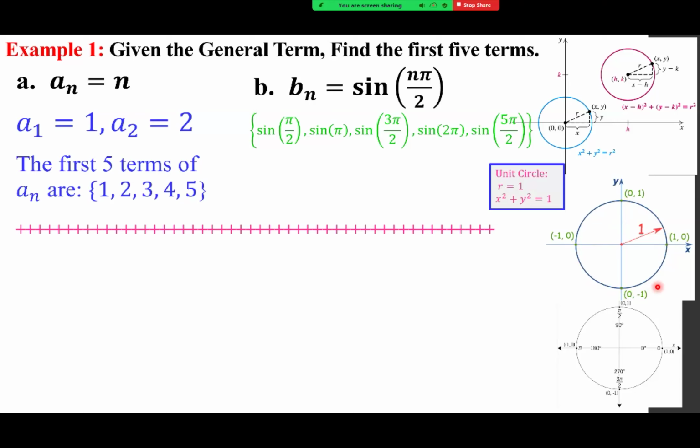We also have this one having an angle that makes with the positive side 0, 90 degrees or pi over 2, 180 degrees or pi, 270 degrees or 3 pi over 2, and goes back to 0 or 360 degrees.